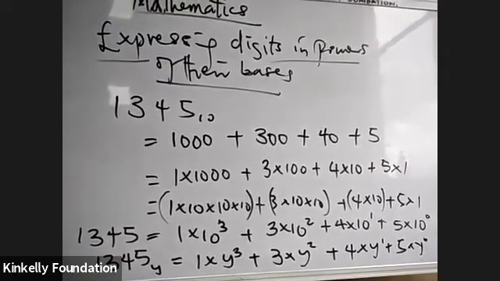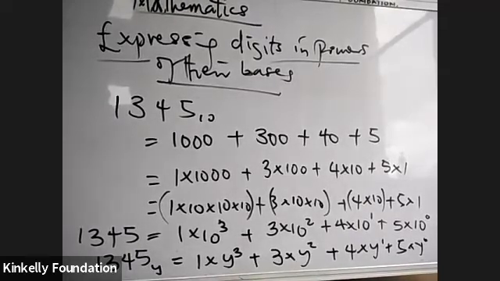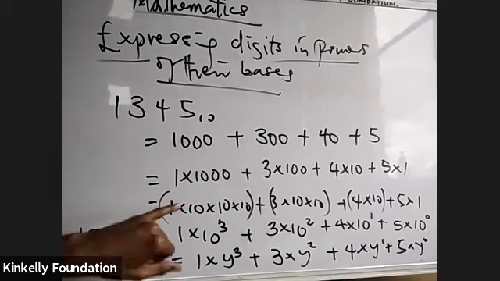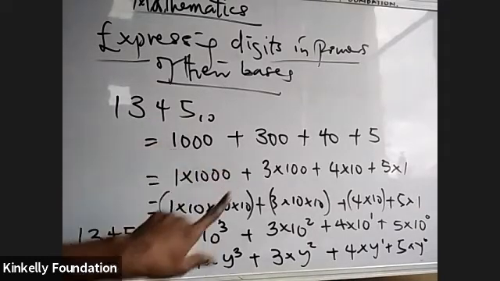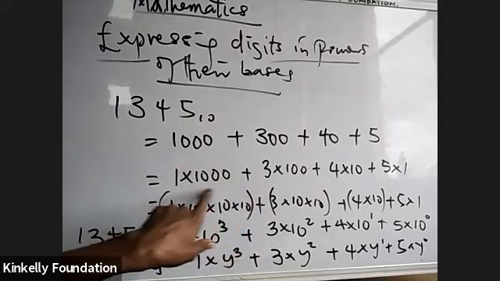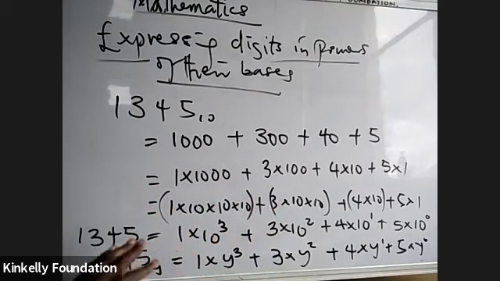So, in case they give you a number to express in powers of each base, this is how you do it. You have expressed 1345 base y in powers of base y. You started from here, reducing to their own powers of base 10, and got to this stage.